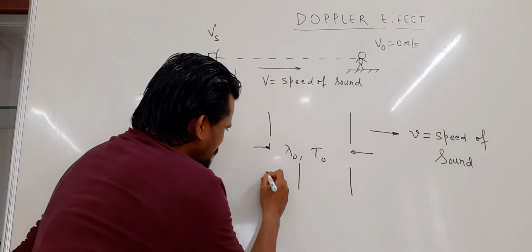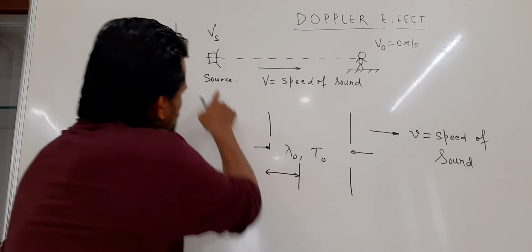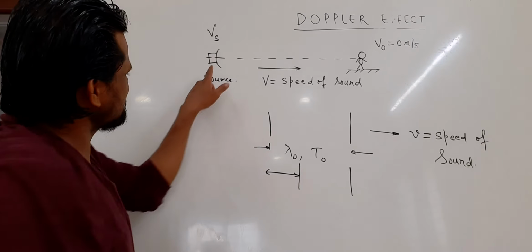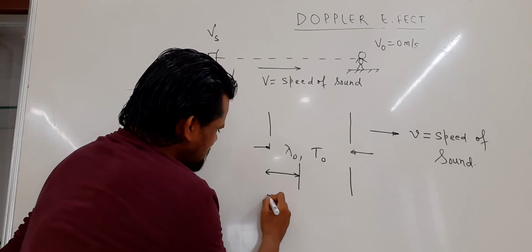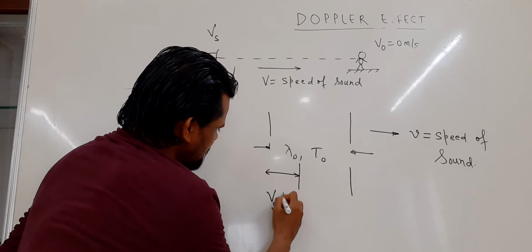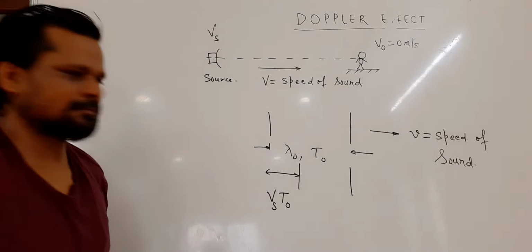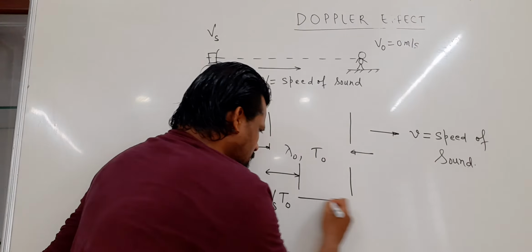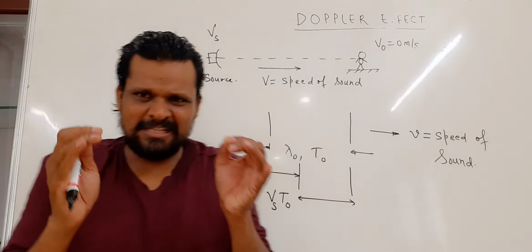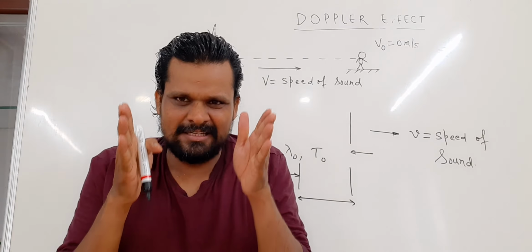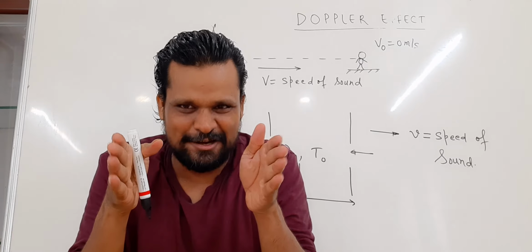In time period T naught, the vehicle, the siren source, moves a distance Vs times T naught. So the distance between same-pressure points gets reduced.